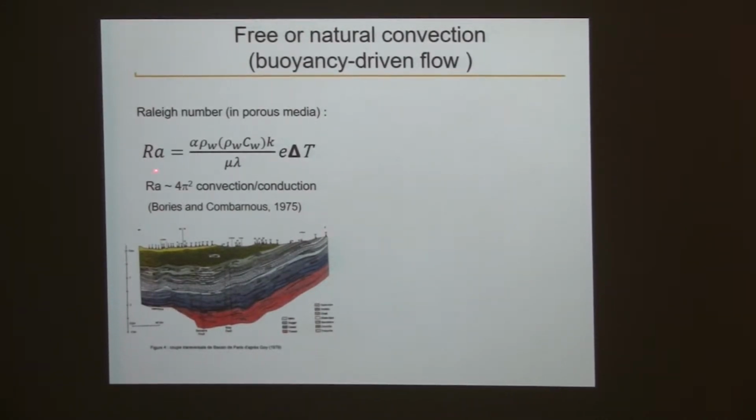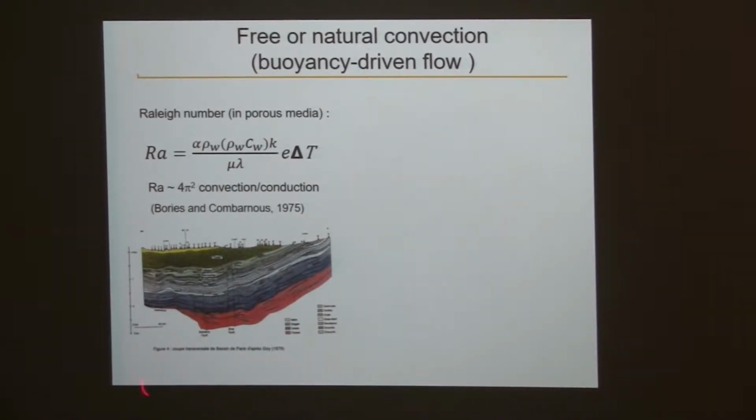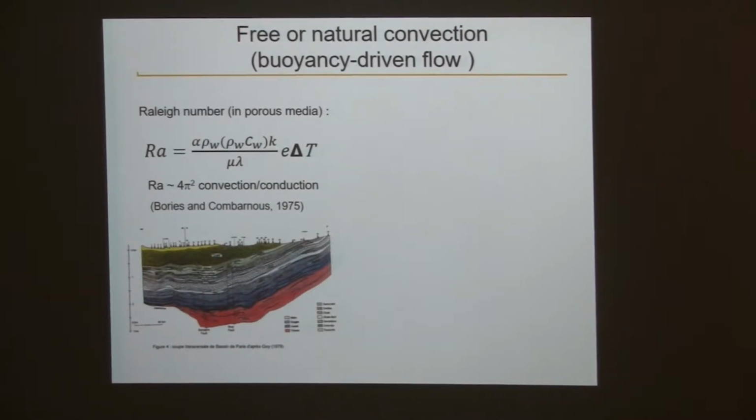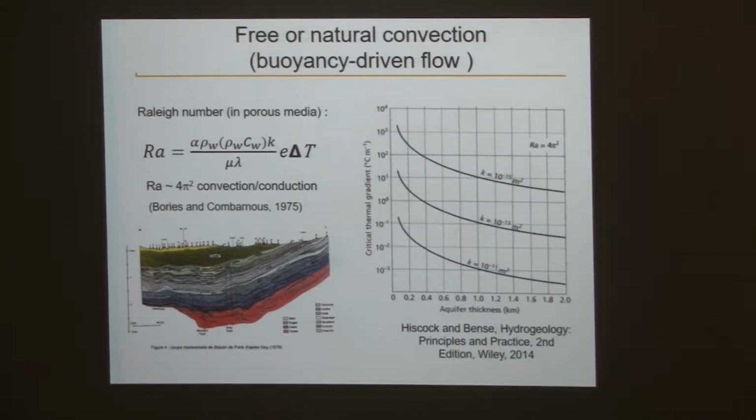If the Rayleigh number is larger than approximately 40, then natural convection may occur. So you can look at the thermal data in some aquifer and, depending on this condition, suspect that you may have some release of heat or transport of heat through natural convection.